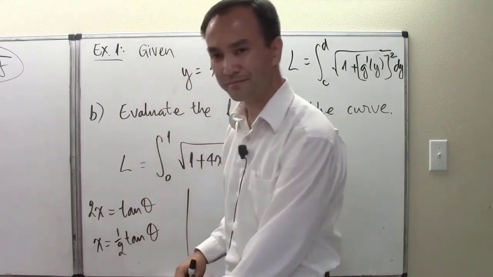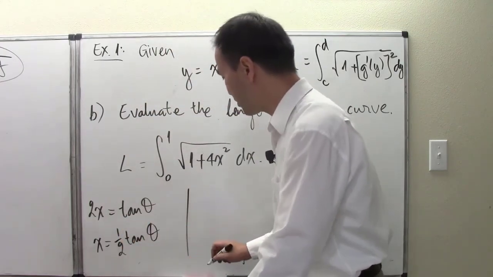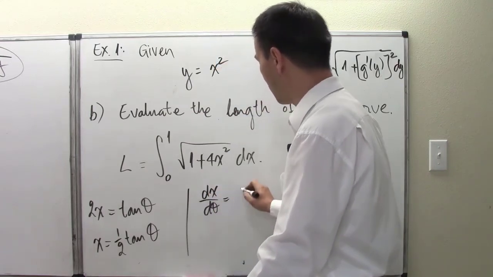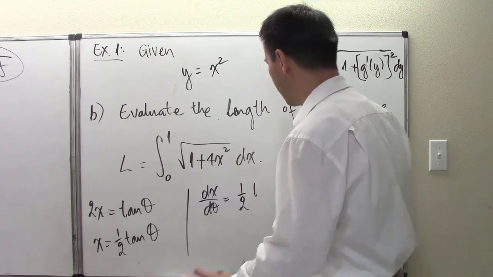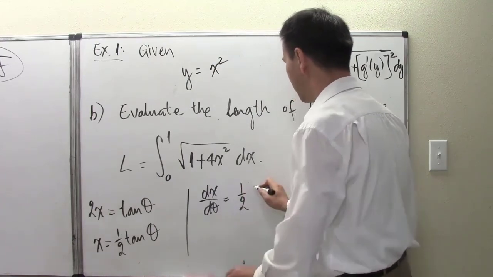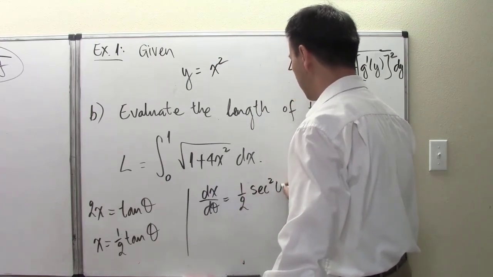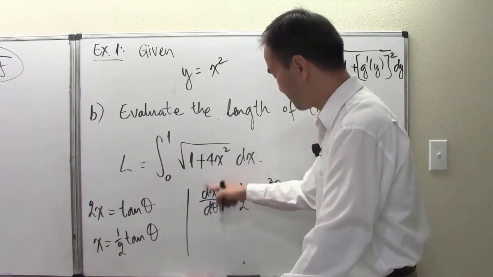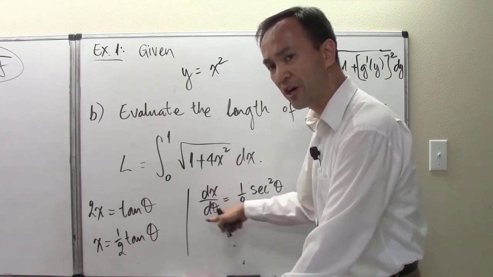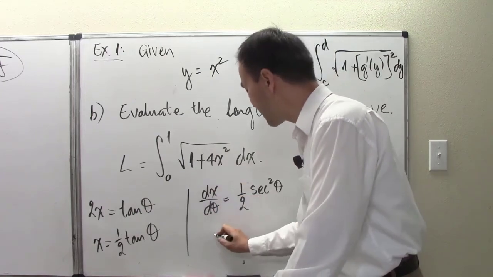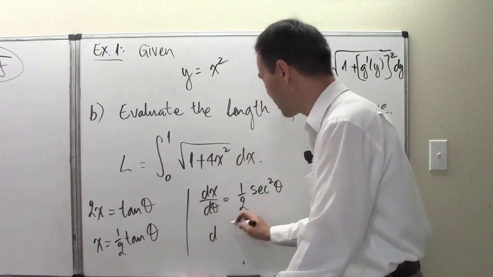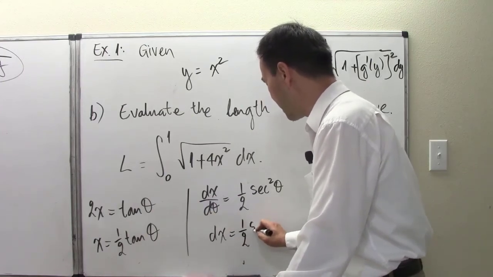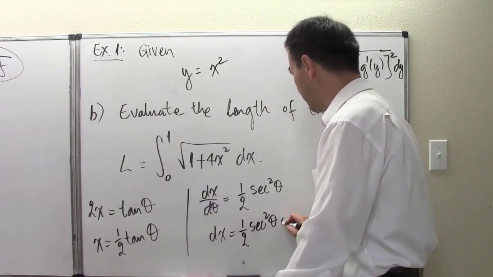That means dx/d theta is 1/2 secant squared of theta. Realizing this is a ratio of two differentials, we can multiply d theta to the other side. That gives dx equals 1/2 secant squared of theta d theta.